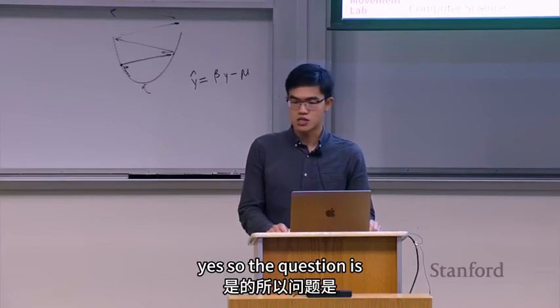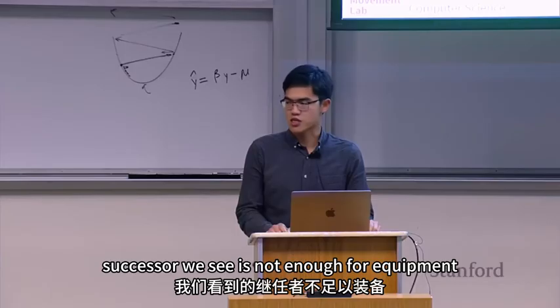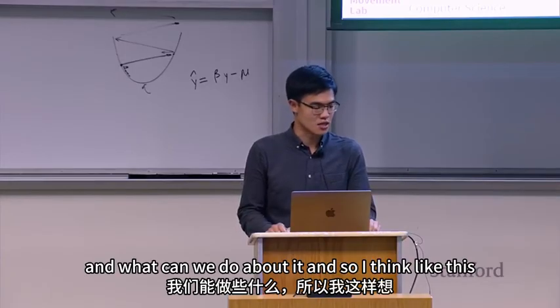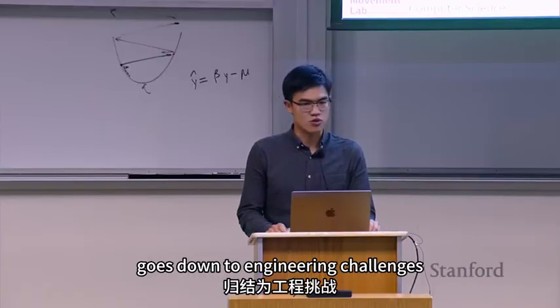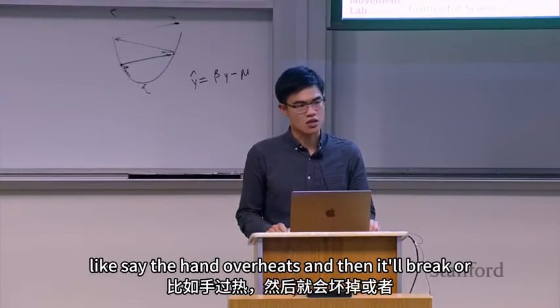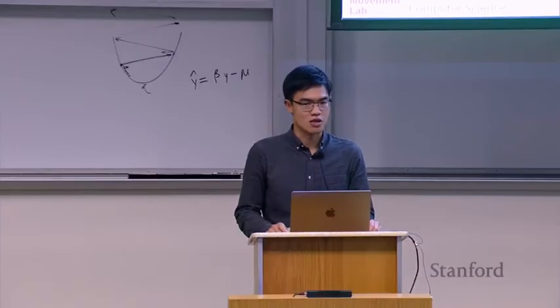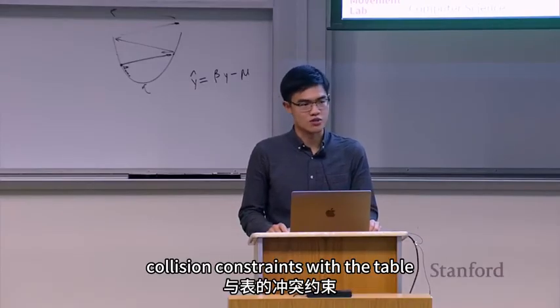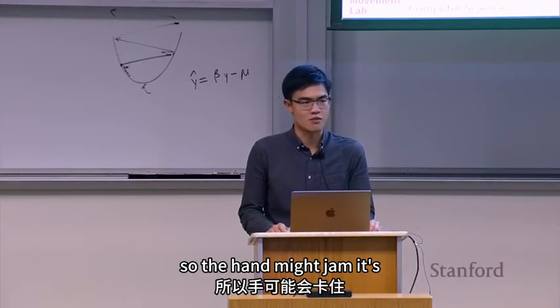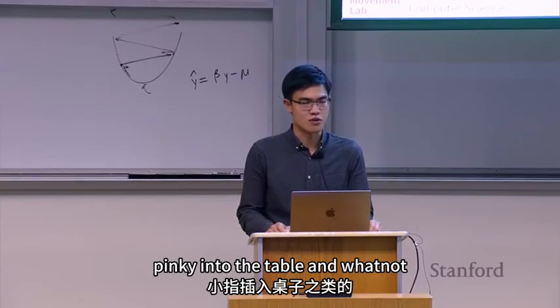Yeah, so the question is, the 87% success rate we see is not enough for deployment, and what can we do about it? I think a lot of this actually boils down to engineering challenges, say the hand overheats and then it will break, or we didn't bother coding up collision constraints with the table, so the hand might jam its pinky into the table and whatnot.